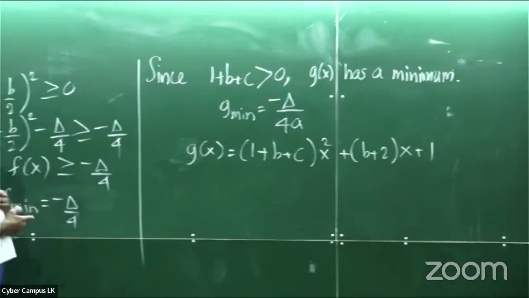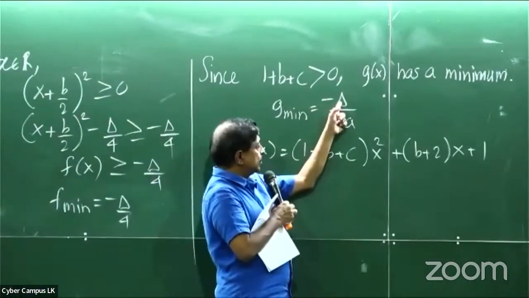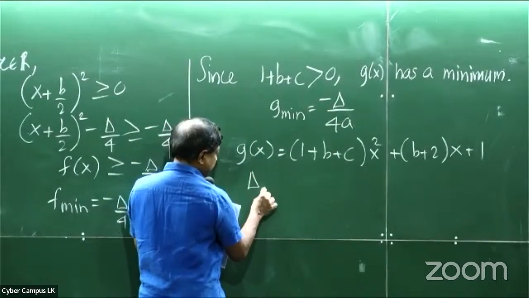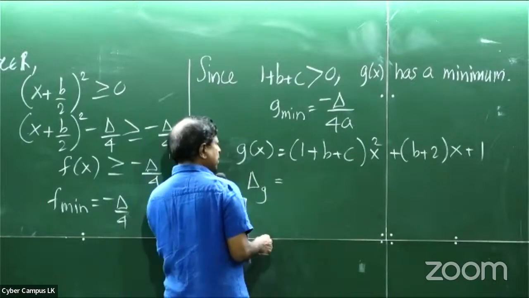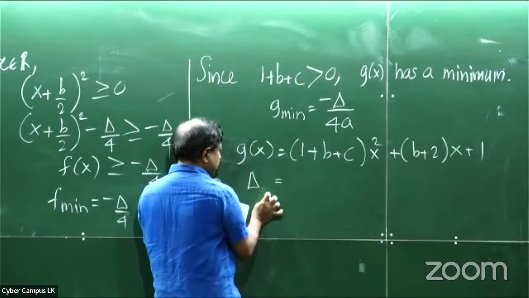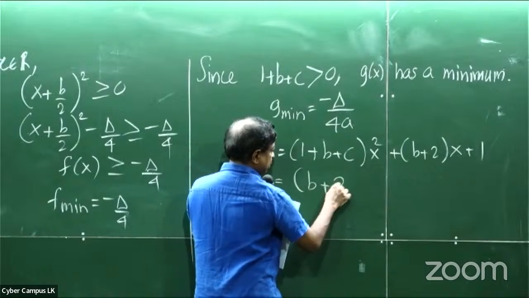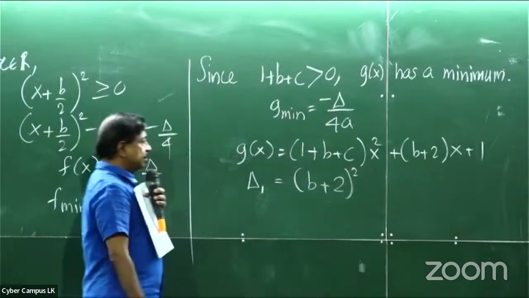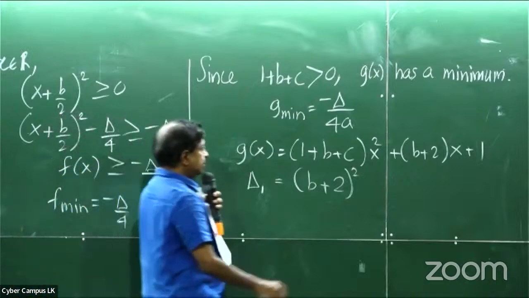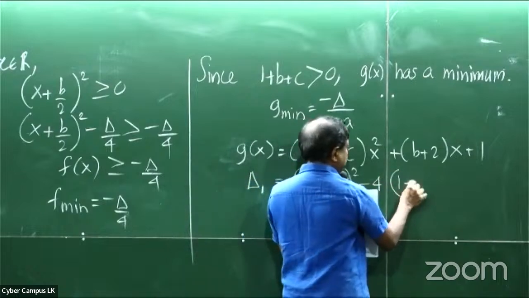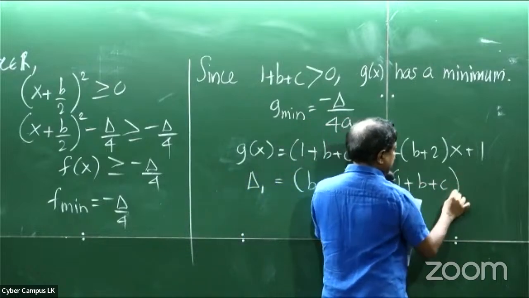So the problem is to find delta. Delta may be something different. We'll see. If we find delta for G, it is B squared minus 4AC. So we have to start off with B plus 2 quantity squared minus 4 times A, which is this, times C, which is 1.